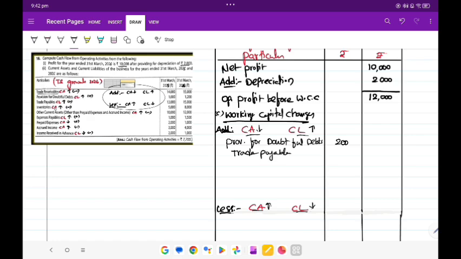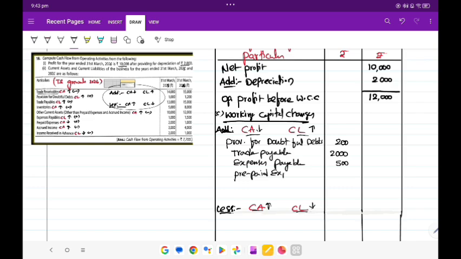Trade payables how much? 2,000. Next, add item expenses payable. Expenses payable is 500.